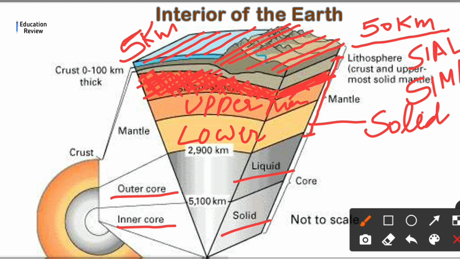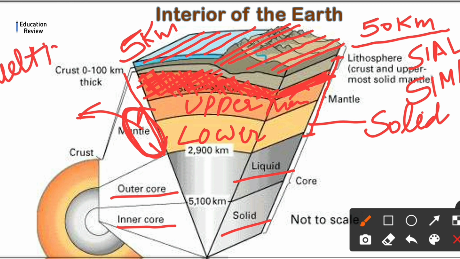That's why when we go deeper inside the earth, the melting point of the substance found in the mantle increases. That's why the lower mantle is in solid form.